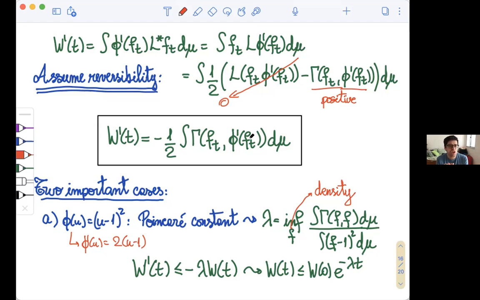And then you can also check that when you are close to the invariant measure, you can use the spectral theorem and write ft in terms of the eigenbasis of the operator L, and you will see that the dominant term is the one associated to the eigenvalue lambda, because if the Poincaré constant is lambda, it means that the operator L has an eigenvalue with real part equal to lambda.